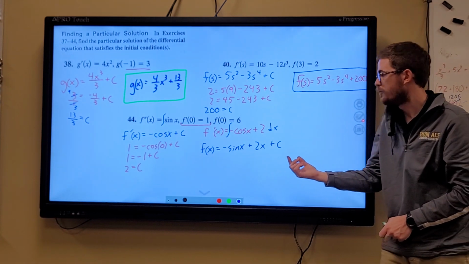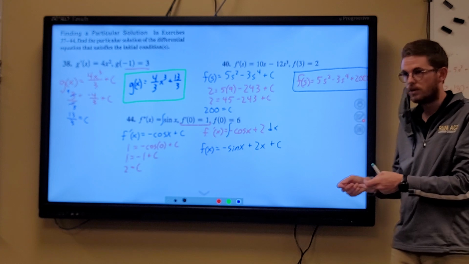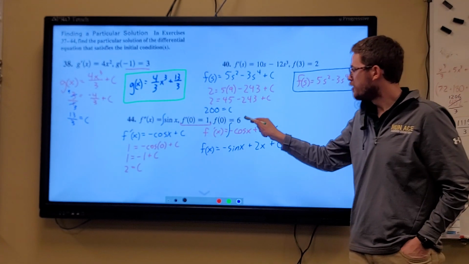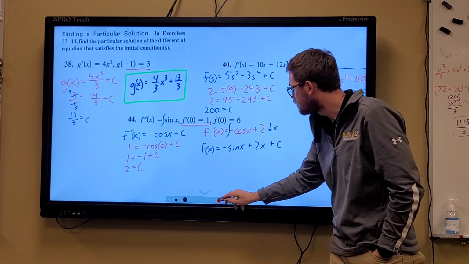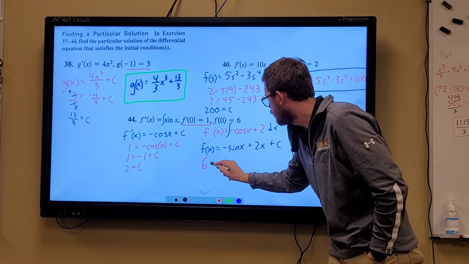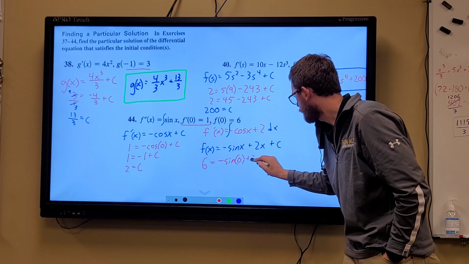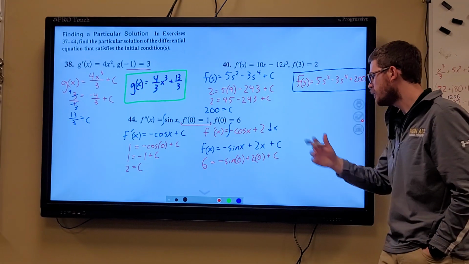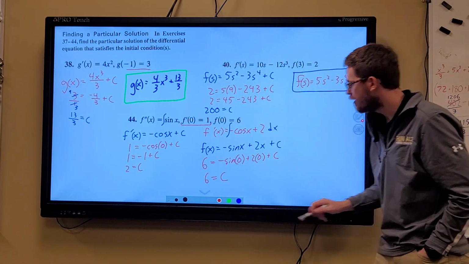Double check yourself with a derivative. The derivative of 2x is 2. So double checking ourselves along the way. Finally, we find that final constant value by plugging in a 0 for x and a 6 as our output. Sine of 0 is 0, 2 times 0 is 0, so 6 is that last c value.